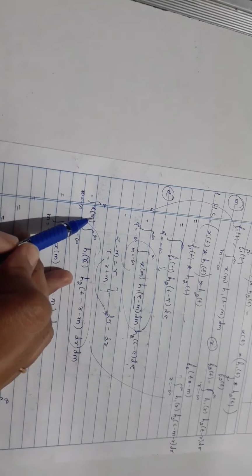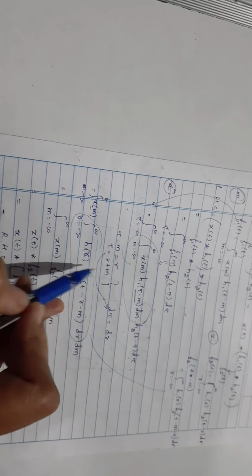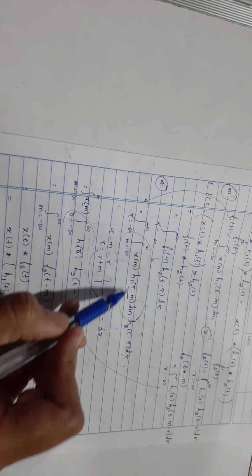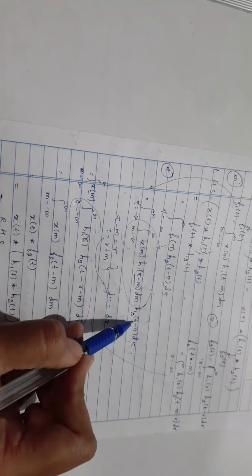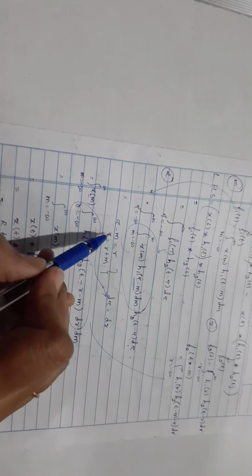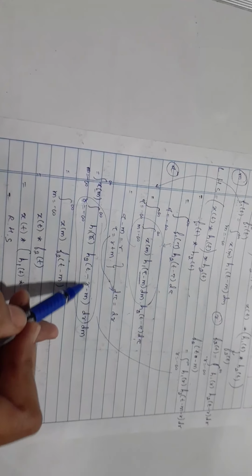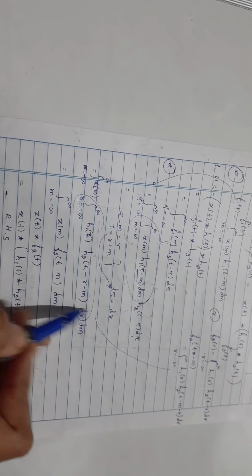This I have already added here. h1 of tau minus m is r. h2 of t minus, what is tau? r plus m. If you apply minus to both, minus r, minus m.